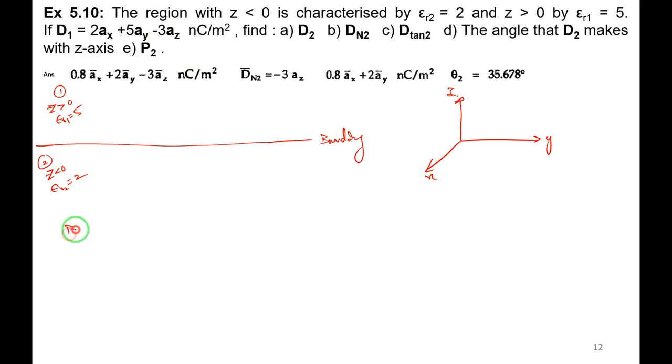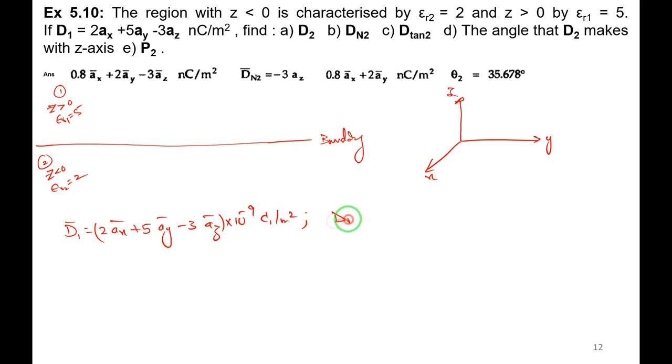So D1 vector is equal to 2ax plus 5ay minus 3az, into 10 power minus 9 coulomb per meter square. Every vector can be classified into two components, tangential and normal.